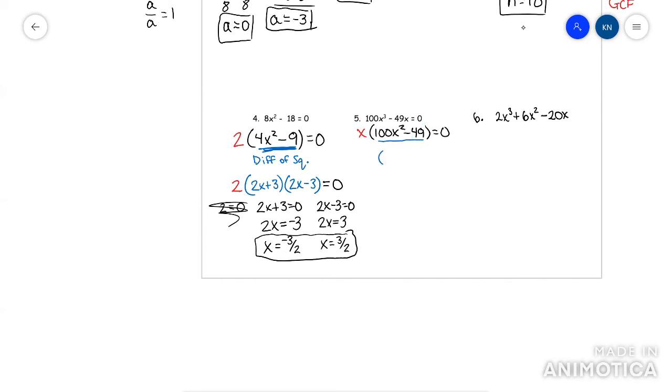So this part becomes 10x plus 7, 10x minus 7. And then don't forget your red GCF x out in front. Set each factor equal to 0 and solve. Like that.